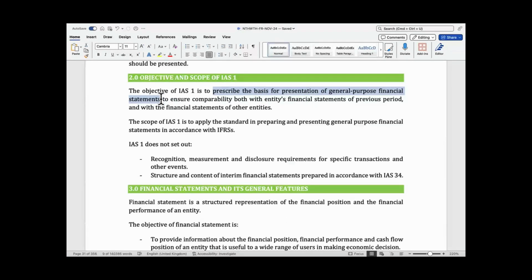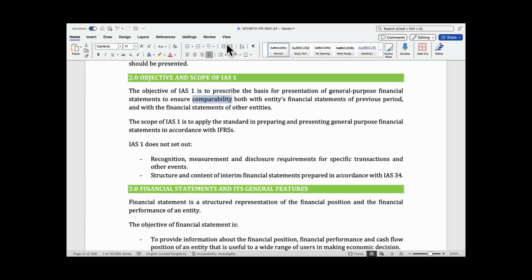It's just to show you how we present, just the basis for the presentation, in such a way that entities can compare their financial statements with previous periods. They can compare their financial statements with one another and also with previous periods. So the objective of this standard is to give you a background on how we present financial statements.